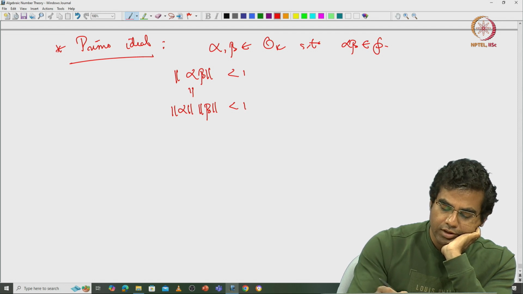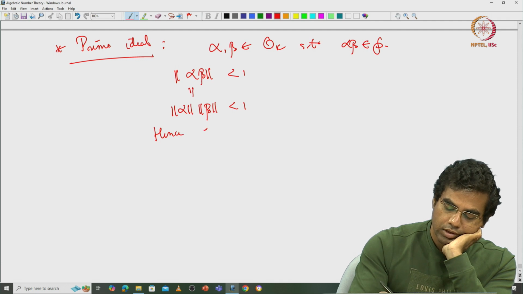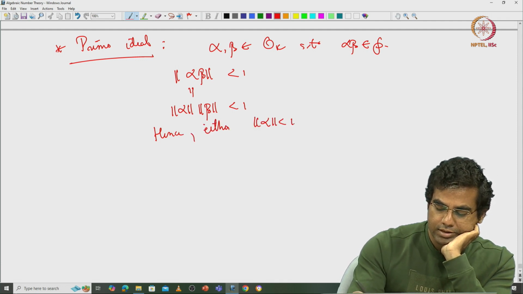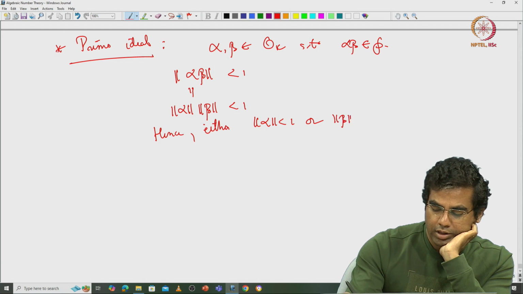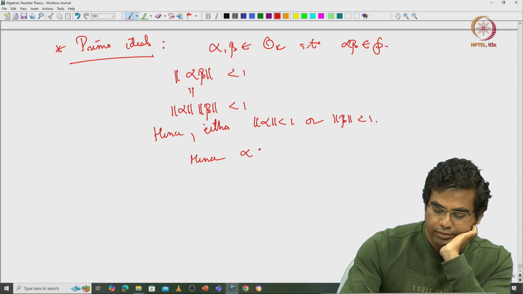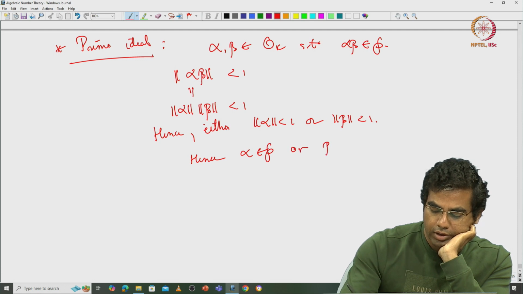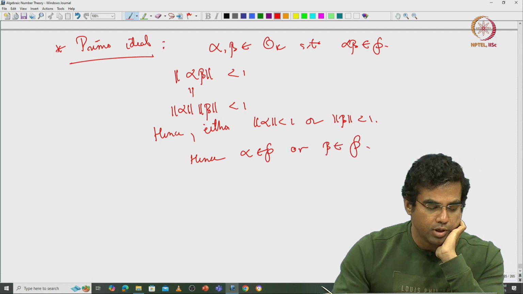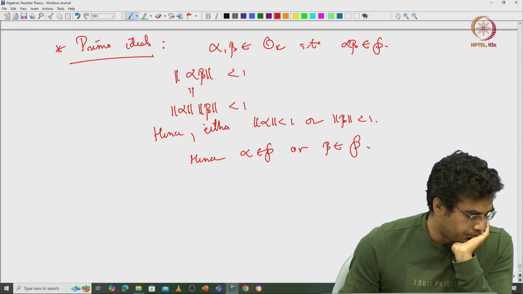So at least one of them has to have valuation less than 1. So, hence either valuation of alpha is less than 1 or valuation of beta is less than 1. Hence, alpha is in P or beta is in P, which is what it means to say that it is a prime ideal.